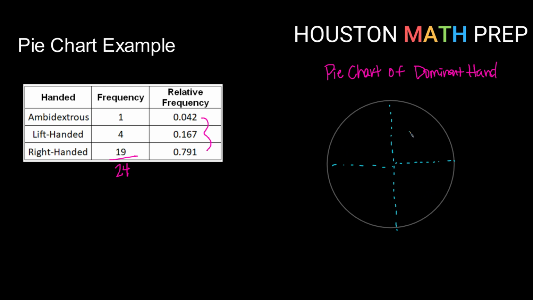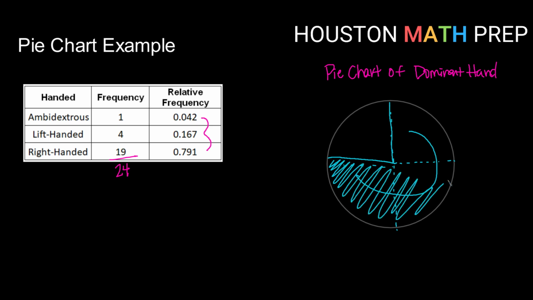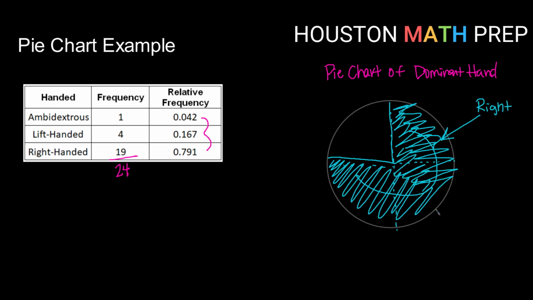So if I think about this much of the circle being 75%, then just a little bit more than that would be about 80%. So if I colored this wedge in all one color, that could represent my right-handed folks. That wedge, or that portion of my circle, takes up about 80%.